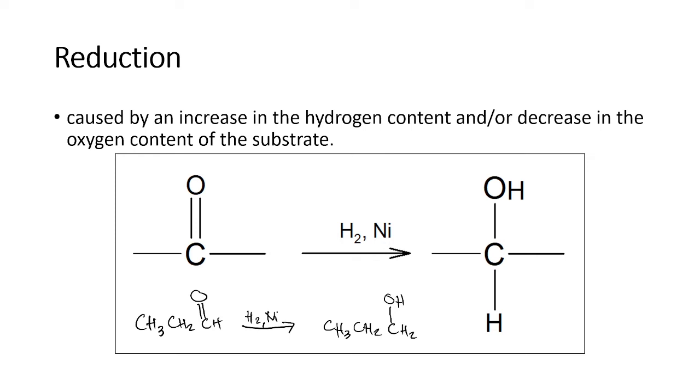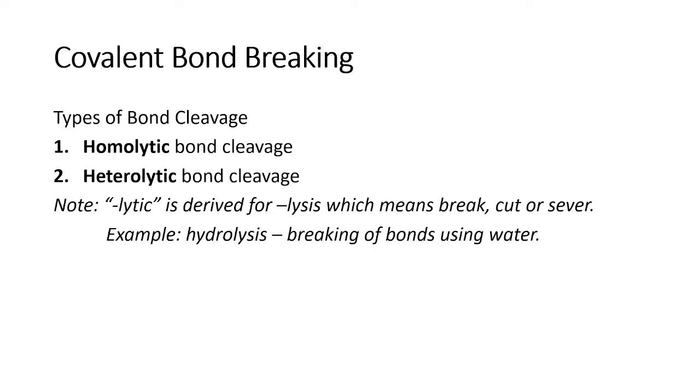But before that, let's talk about breaking bonds, or covalent bond breaking, or in some cases, it is called bond cleavage. By bond cleavage, there is cleaving of a bond, meaning to say there is a division. We actually have two types of bond cleavage: the homolytic bond cleavage and the heterolytic bond cleavage.